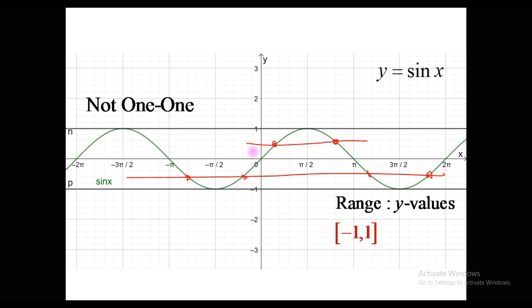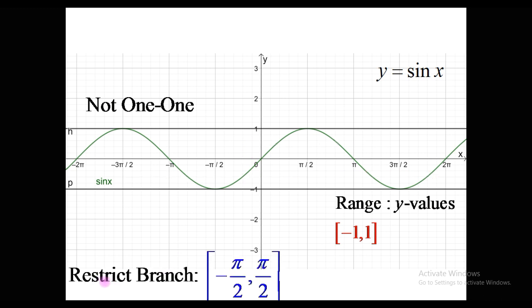So what we can do is restrict the branch. I am restricting this graph to only minus pi by 2 to pi by 2.